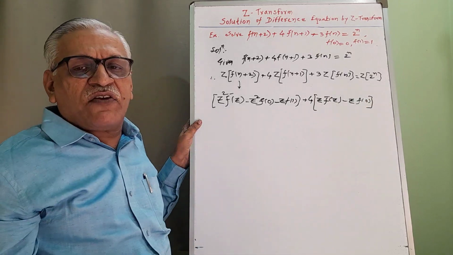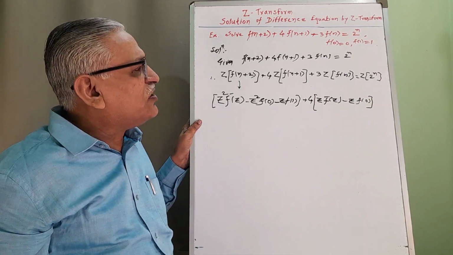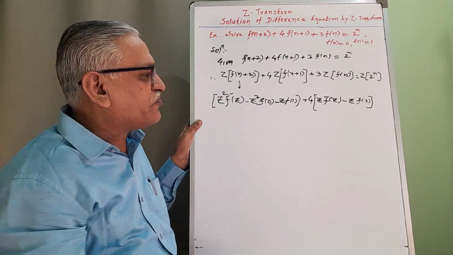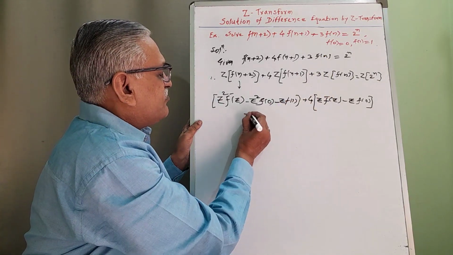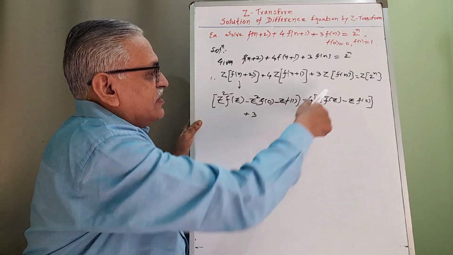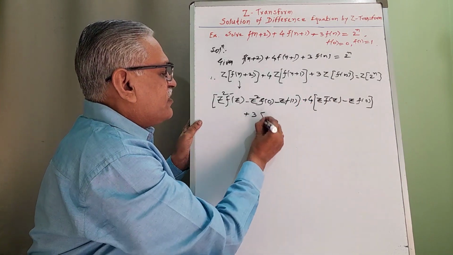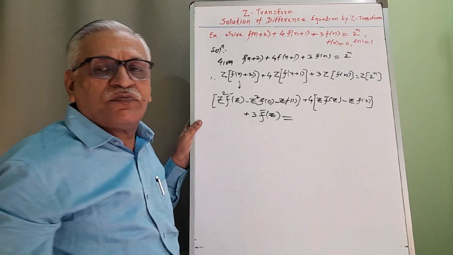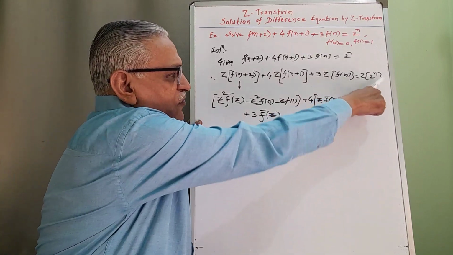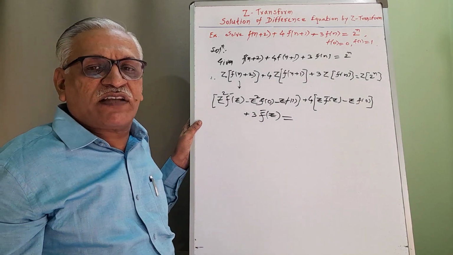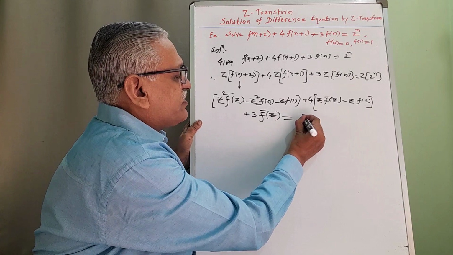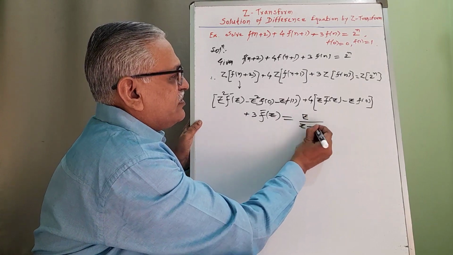All these formulas I have discussed in my first video on solution of differential equation by Z transform technique. And plus 3 times Z transform of f(n), which is f bar(z), equals Z transform of 2^n. Applying the standard result, Z transform of a^n is z upon z minus a. Here a is 2.